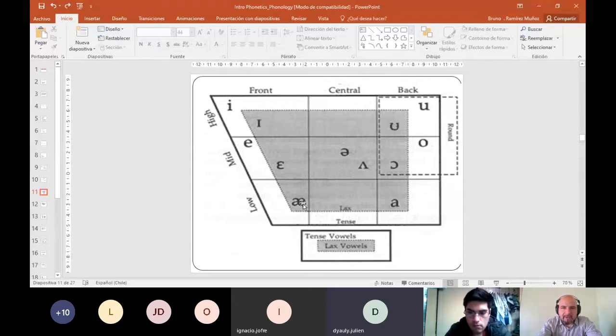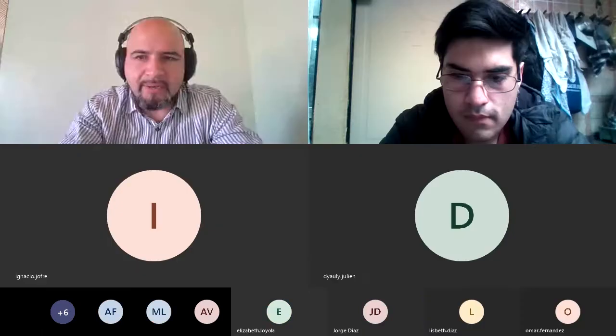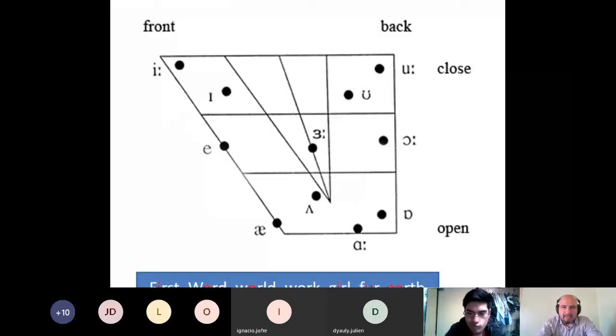Let's apply what we know. As in girl, fur. The position of the tongue is central, right? Because this is right there in the central area, according to the position of the tongue.